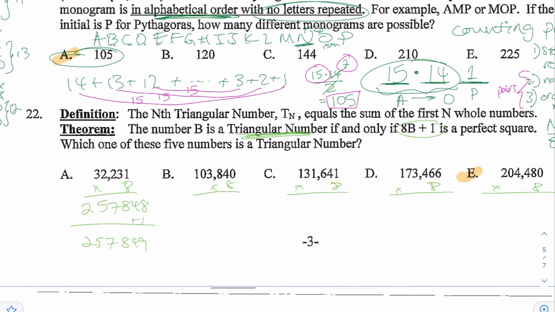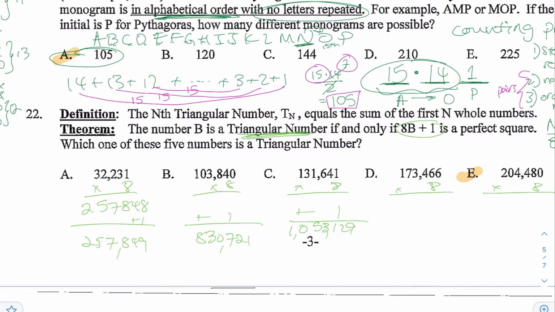Next up, you have 103,840 times 8, and you add 1. That's going to be 830,721. For choice C, you have 131,641 times 8, add 1. That's 1,053,129.